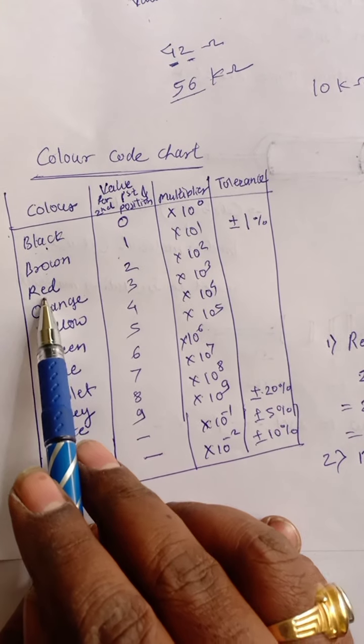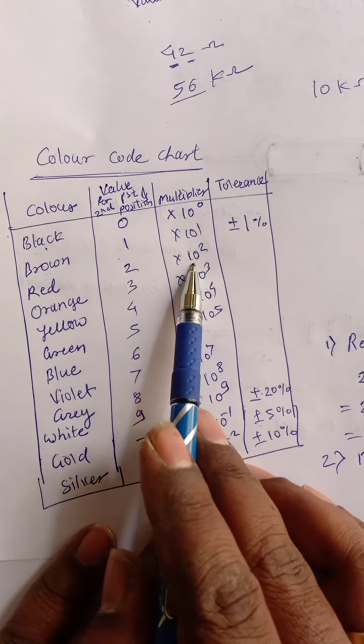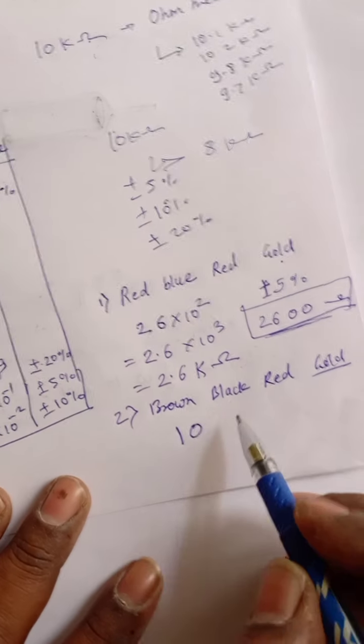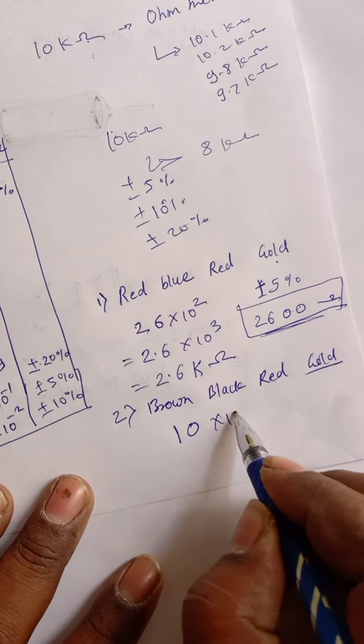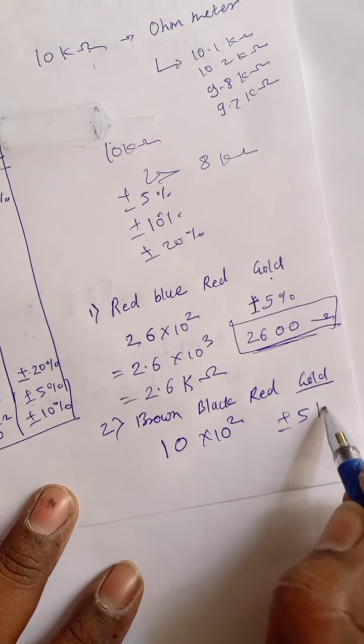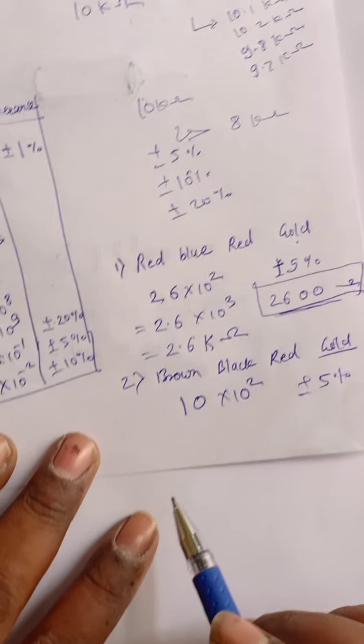Red is at the third position, the multiplier position, so you take 10 raised to 2. Gold is plus minus 5% tolerance.